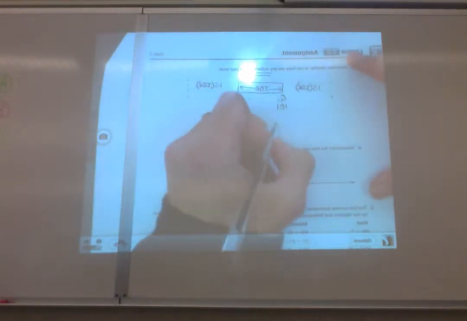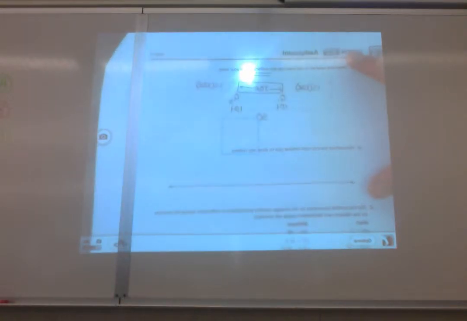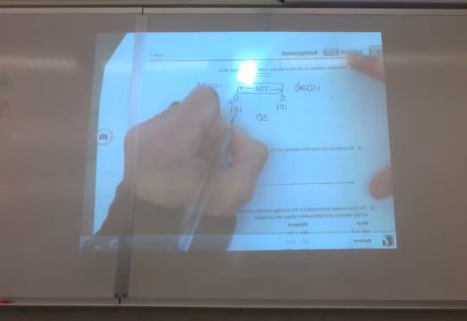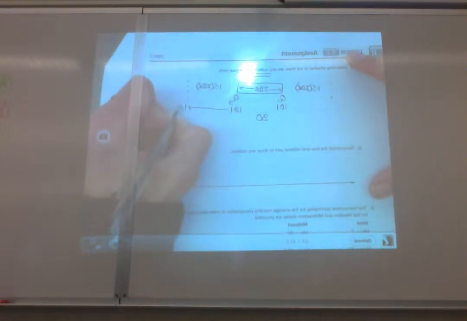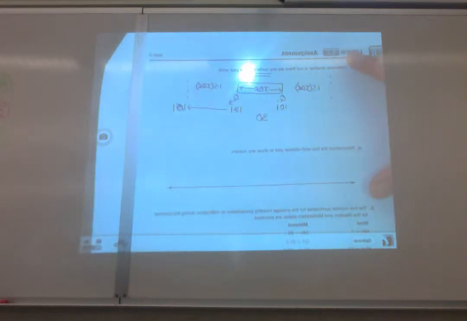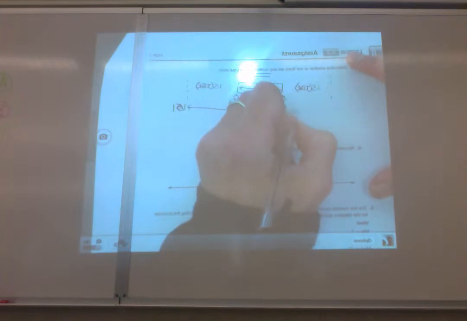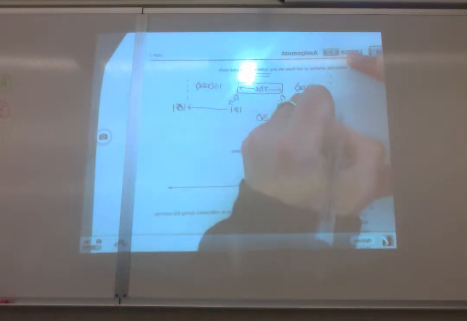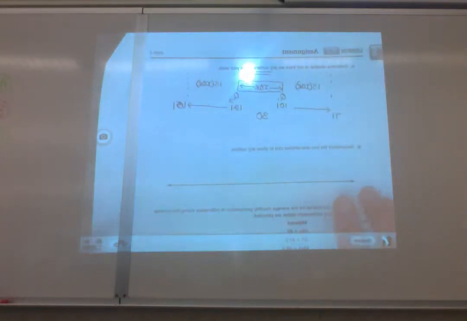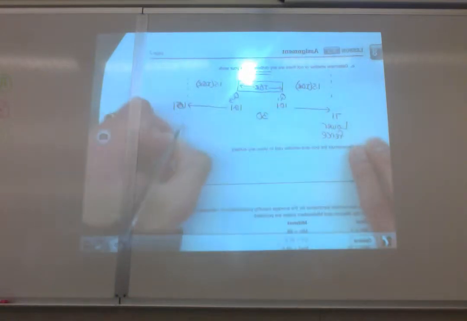So 1.5, the IQR is 20. 1.5 of 20 is 30. So 121 plus 30 is 151. 101 minus 30, backing it off, is going to be 71. Okay, so this is the lower fence, upper fence.